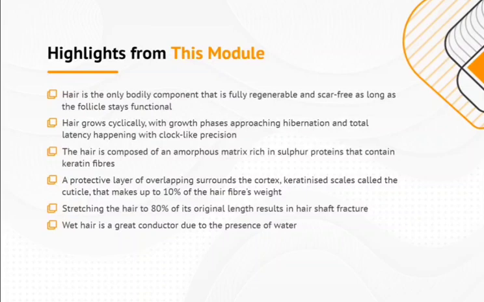A protective layer of overlapping keratinized scales called the cuticle surrounds the cortex and makes up to 10% of the hair fiber's weight. Stretching the hair to 80% of its original length results in hair shaft fracture. Wet hair is a great conductor due to the presence of water.